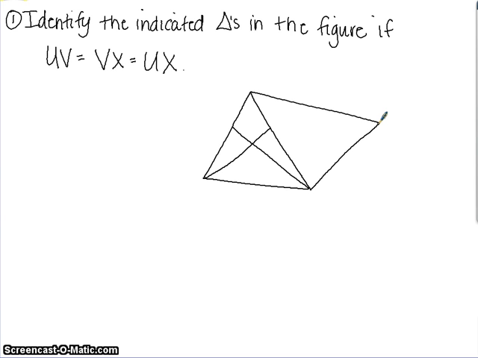Okay, and then I have VY, U, this is T, this is Z, this is X, and this is W. Okay, so the first kind of triangles that we want to identify are the isosceles triangles.